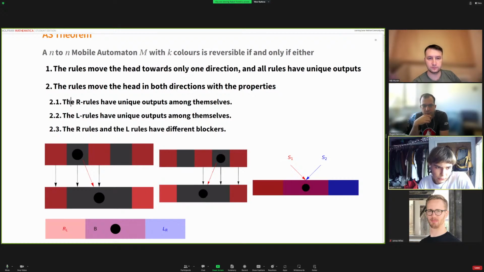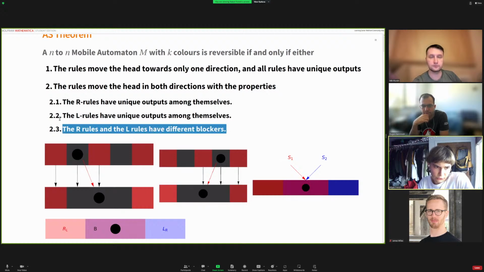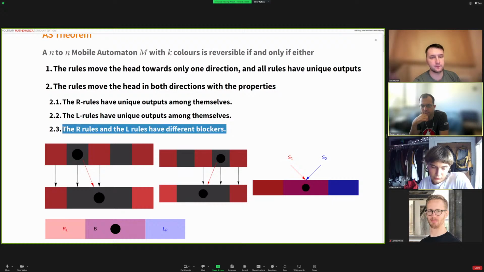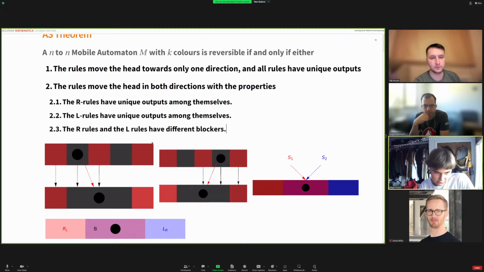Yeah. So the proof, we assume we have these 3 conditions. So then we're going to first look at this one, and we're going to see the right and left rules have different blockers. So we've assumed this, and then we're going to look at what the blocker will be at our state. Because we're going from 3 to 3, it would just be the cell on the head, which, as you can see, is the blocker in both cases.